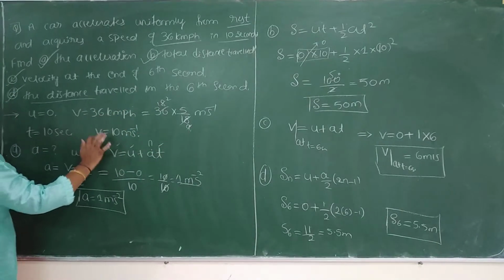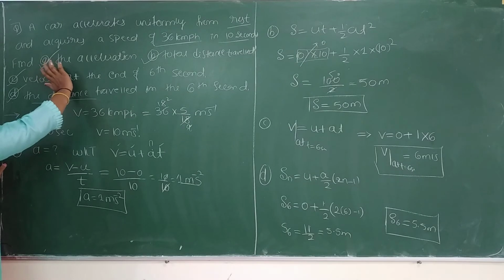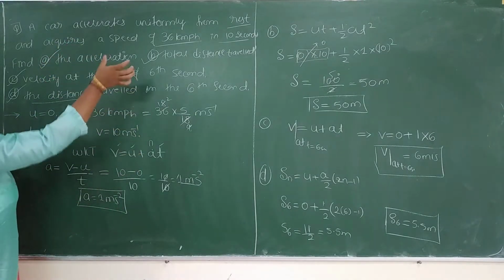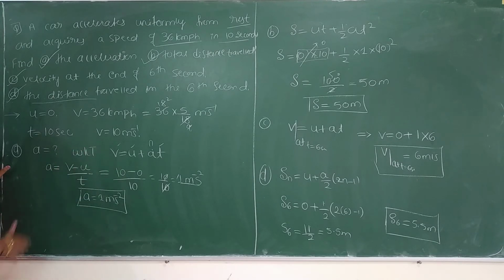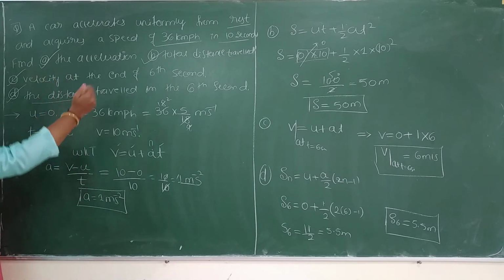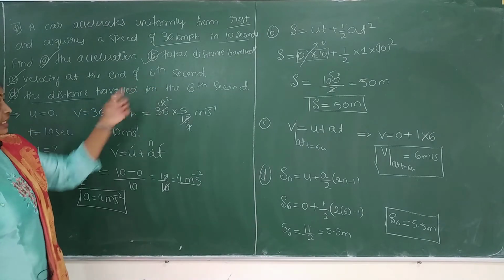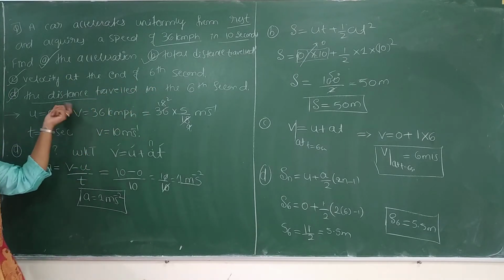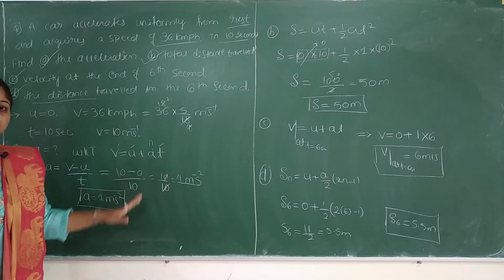So just calculate, you will get a velocity of 10 meter per second, and to acquire 0 to 10 meter per second, how much time has it taken? 10 seconds. So time t is 10 seconds. Then you have to calculate acceleration, total distance, then the velocity of the car at the 6th second, and for the 6th second how much distance it has covered. Is it clear? Understood? Note down.